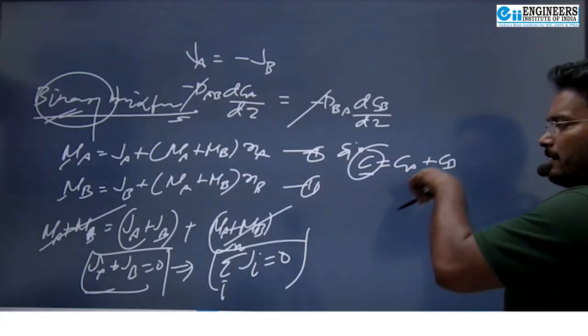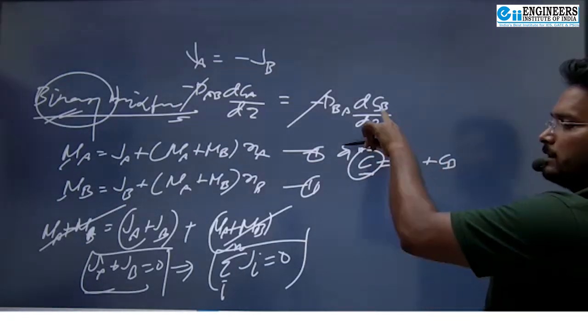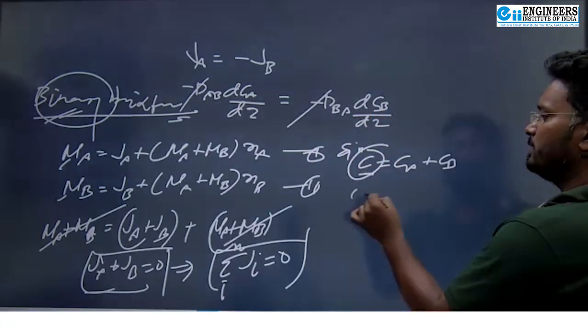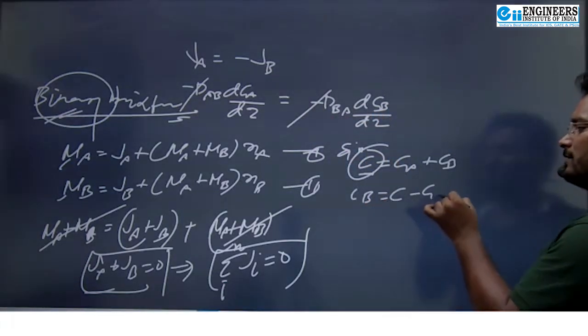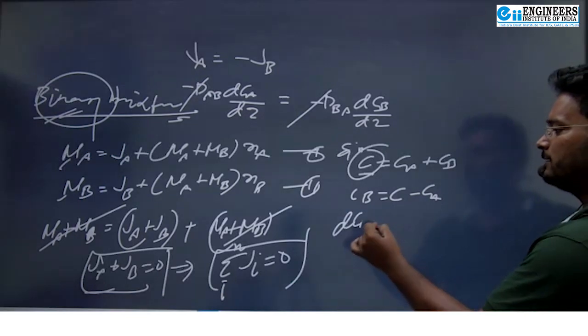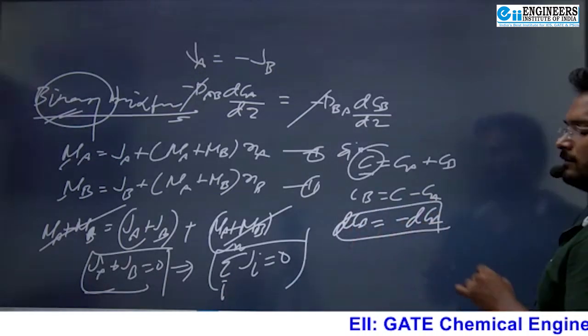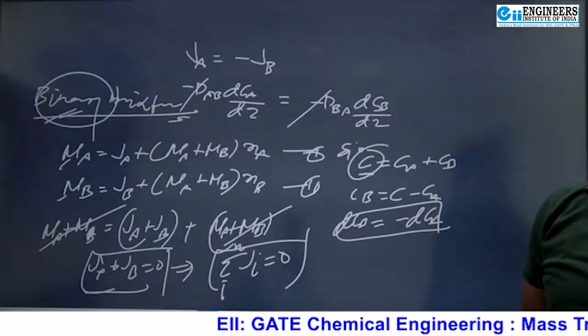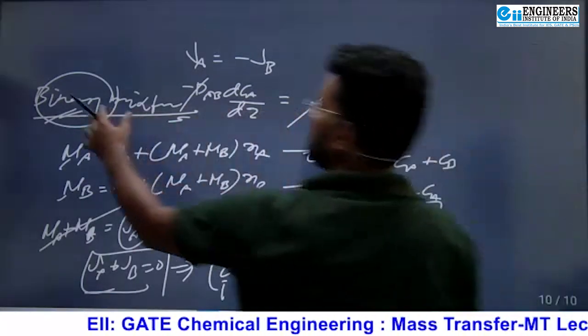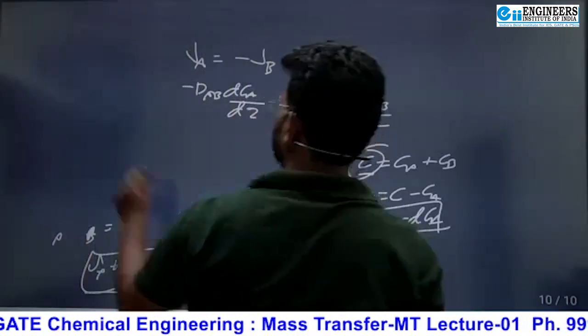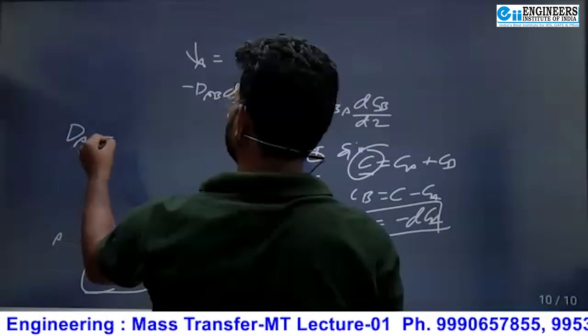So Ca plus Cb equals C here, so Cb is C minus Ca. If we differentiate, then dCb equals 0 minus dCa. Now if you put it here, what do you get? Dab is equal to Dba.